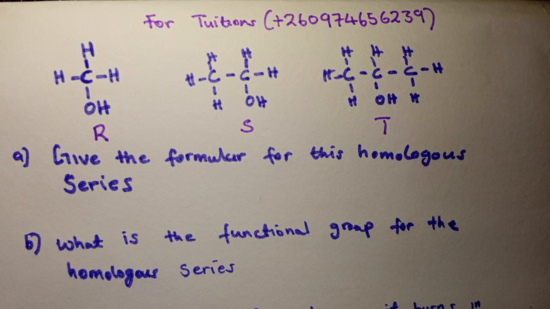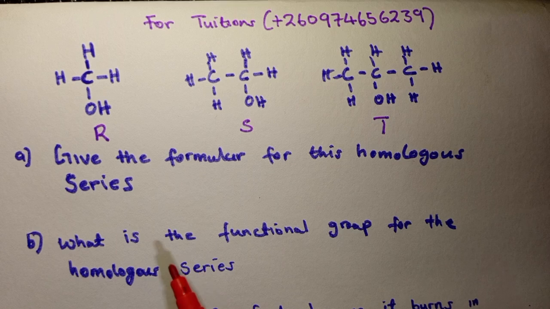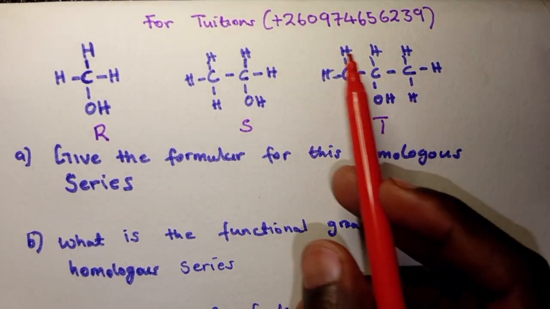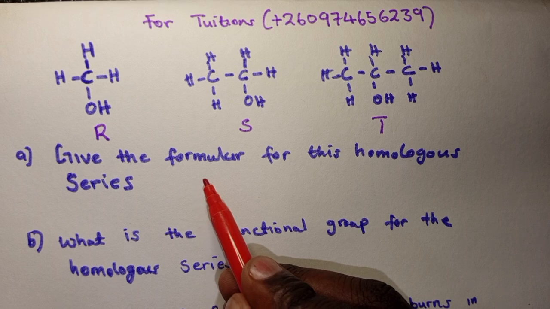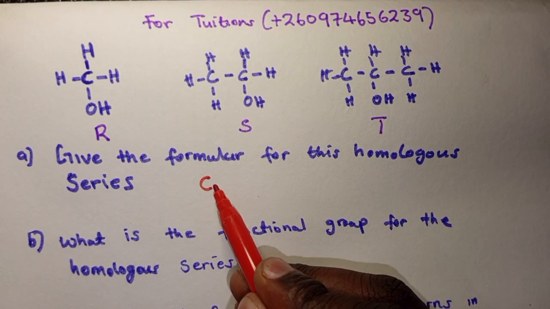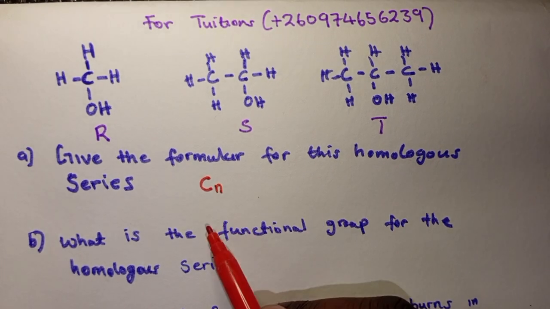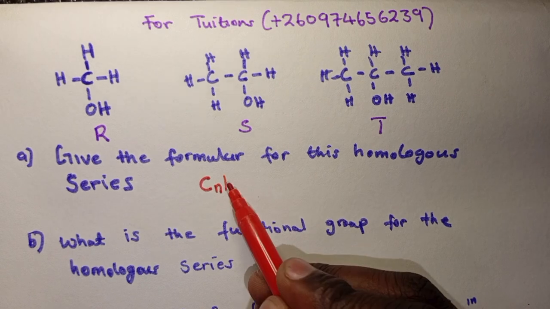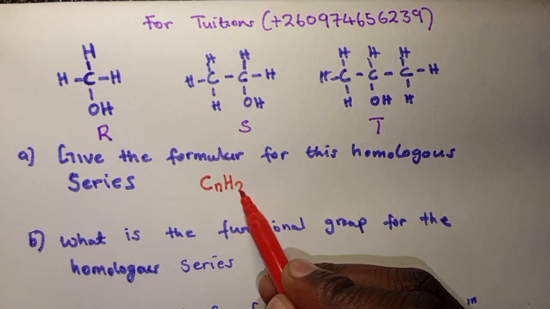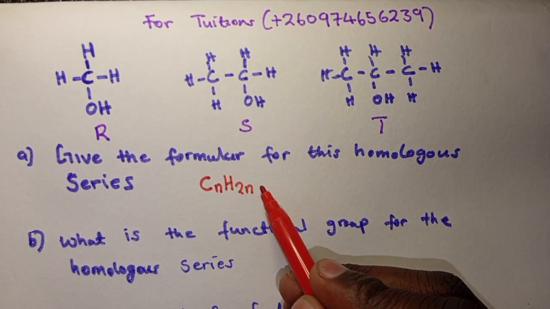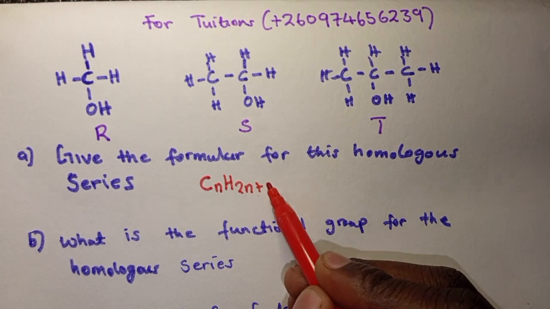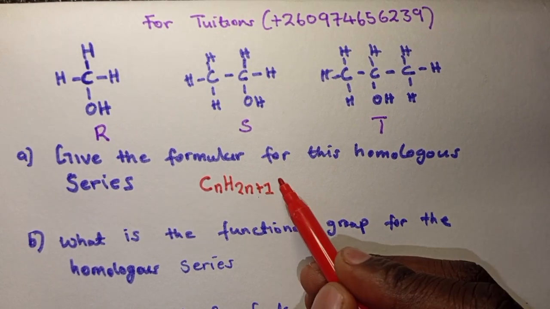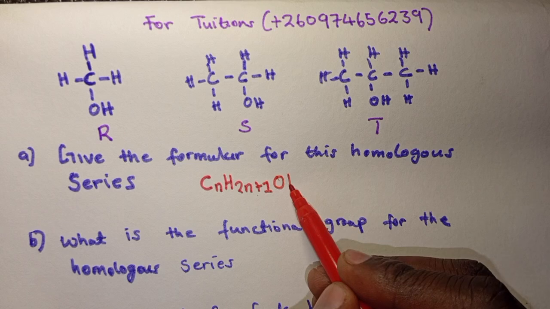Coming up with the formula for the homologous series is something that you need to memorize. The formula is CnH2n+1OH.